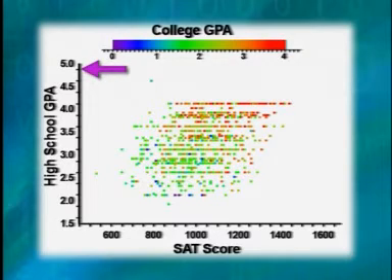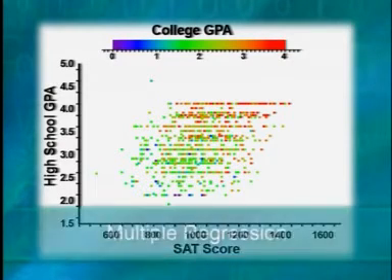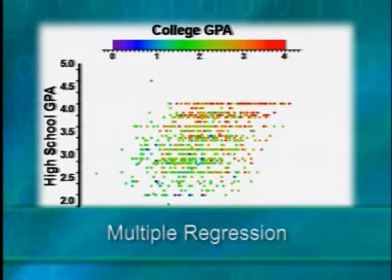And now, instead of bringing the third dimension out, which conceptually it actually is, we just color the higher grade point averages with the reds and the lower grade point averages with the blues. This colorful picture shows you a way of talking about what's called multiple regression, where you have more than one explanatory variable that is explaining a response variable.